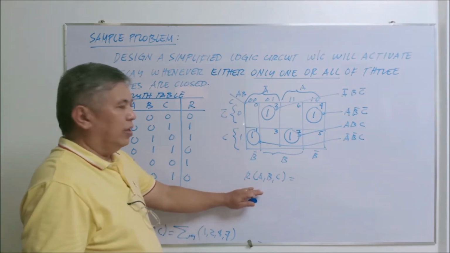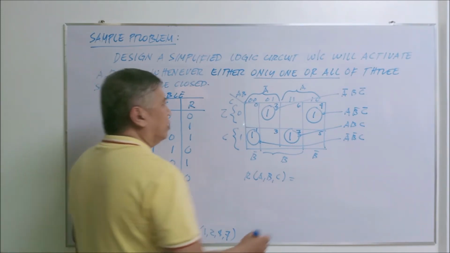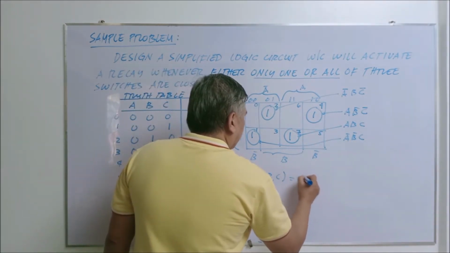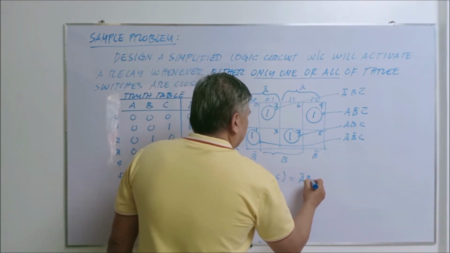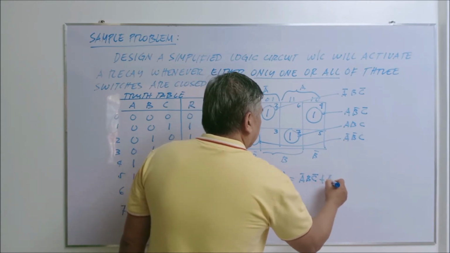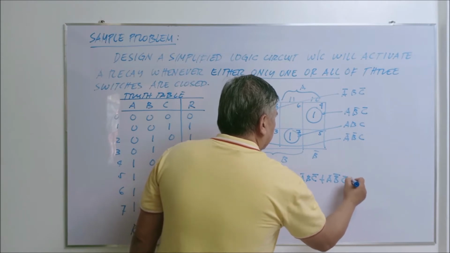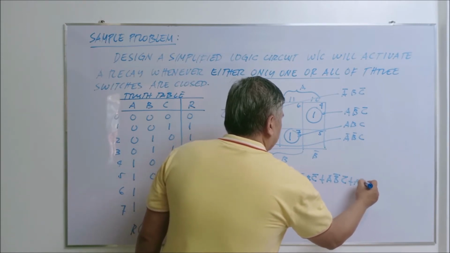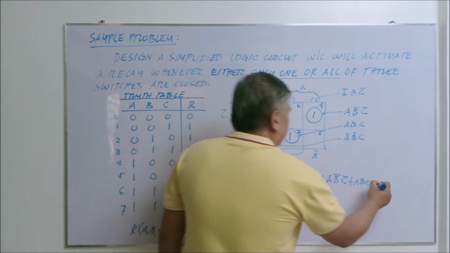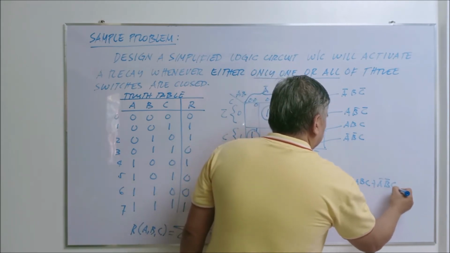So our equation will be R as a function of A, B, C is equal to A bar B C bar, plus A B bar C bar, plus A B C, plus A bar B bar C.